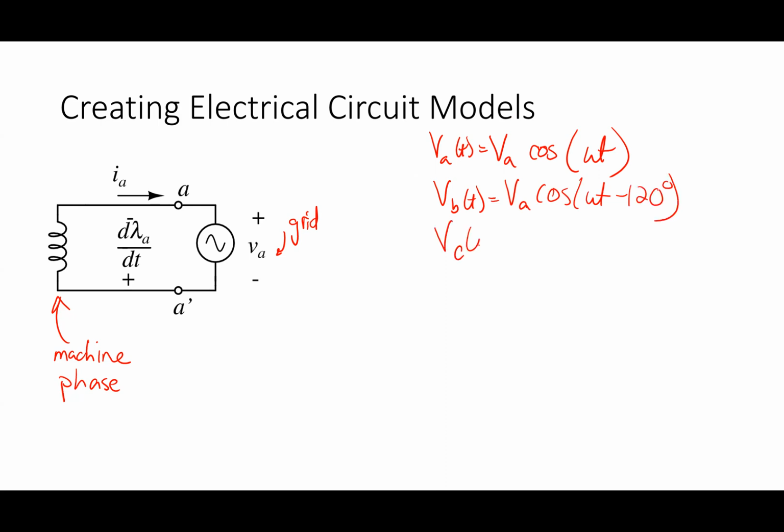And VC of t would be VA cosine omega t minus 240. Like that. Okay. So this is what I'm hooking this guy up to, and this is what I called the other day an infinite bus.